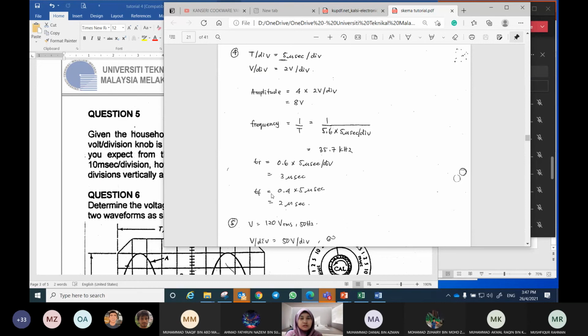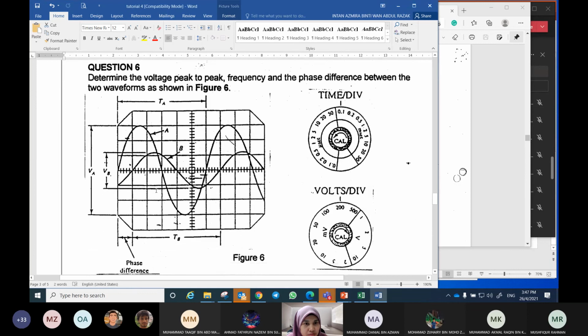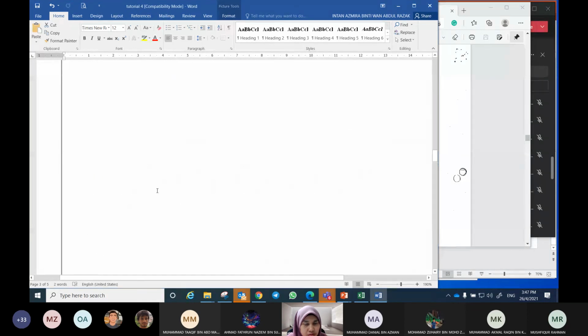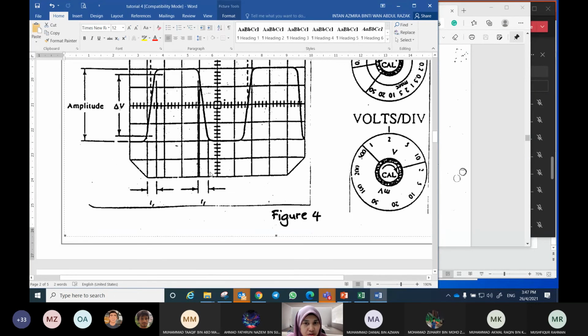Actually for oscilloscope questions in the final exam or midterm test, we can accept your answer a bit off, because sometimes students calculate 0.6 to be 0.5 or 0.6 to be 0.8.